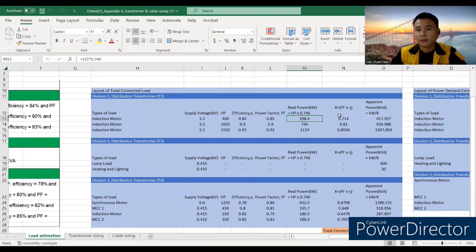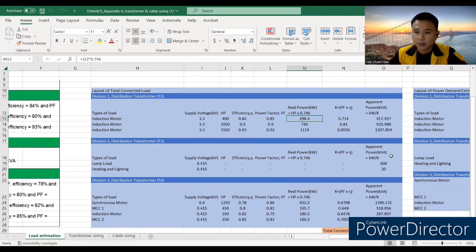Next, we have to get K, which we simply get by multiplying the power factor with the efficiency. So we get two results, then we can calculate the apparent power in the unit of kilovolt-ampere, which we simply get by dividing the real power by K. So this column is the value of the apparent power for each of the loads.